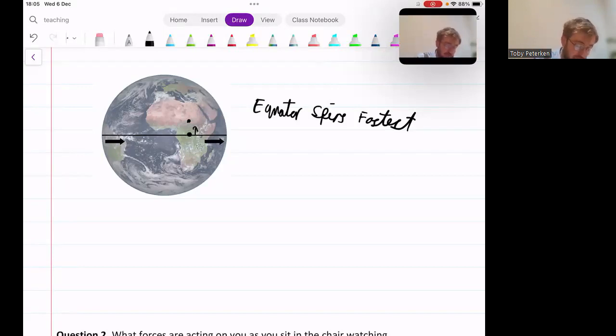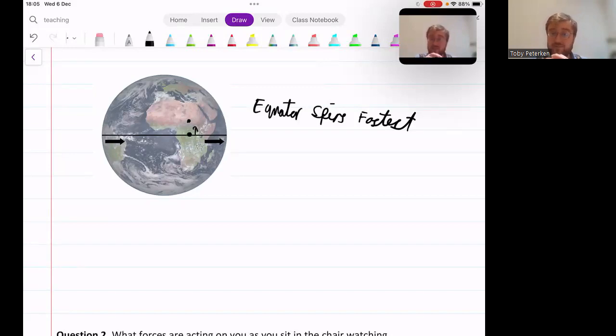And so, as we go further and further north, the Earth gets smaller and smaller, and the surface of the Earth is moving more slowly.